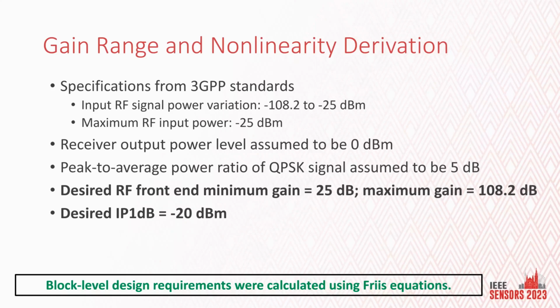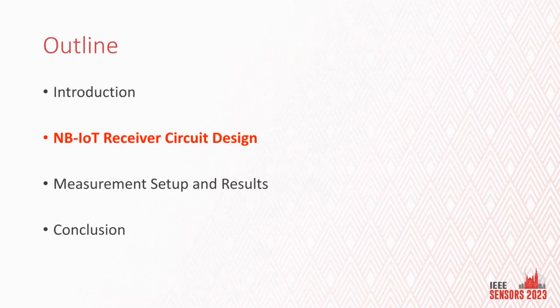The receiver output power level is assumed to be 0 dBm, and the peak to average power ratio of the QPSK signal is about 5 dB. The desired RF front-end minimum gain is specified around 25 dB and maximum gain around 108.2 dB. And the desired input P1 dB is around -20 dBm.